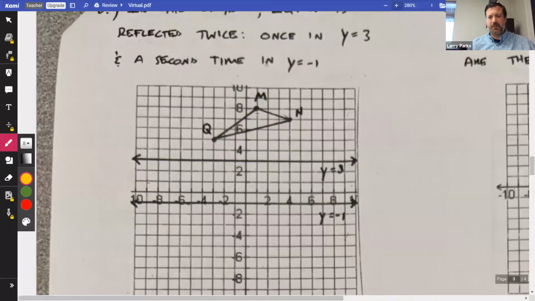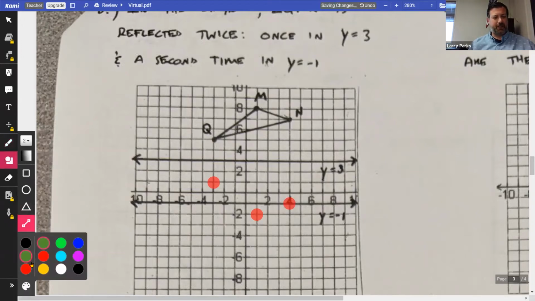If I reflect this over y equals 3, and I'm not going to label my points, but if it's 2 up, I go 2 down, so I'd label that as Q prime. And if that's 1, 2, 3, 4, 5 up, I'd go 5 down. And if that's 1, 2, 3, 4, I'd go 4 right there. So first reflect it that way.